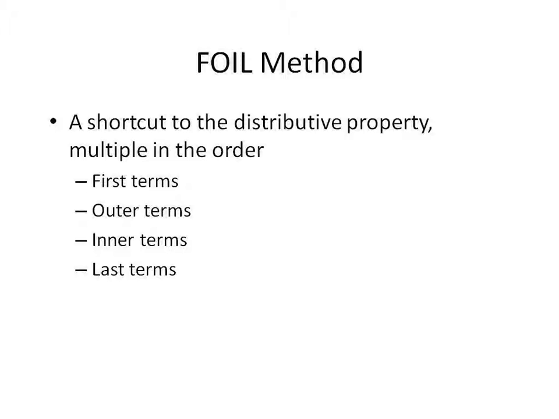Alright, so what we were just doing has an acronym, and it's called FOIL. I'm just going to make a problem up here. What we did before is we took the x times x, which is called first because you're multiplying the first terms of each binomial. Then we did x times 4, called outer because those are the two outside terms.